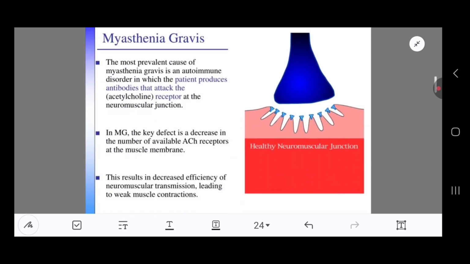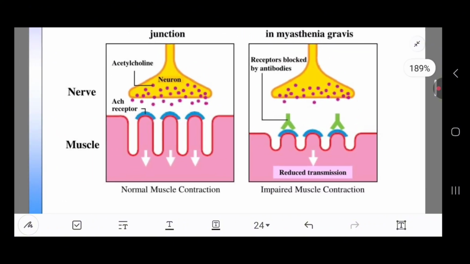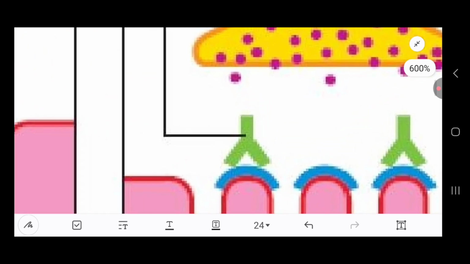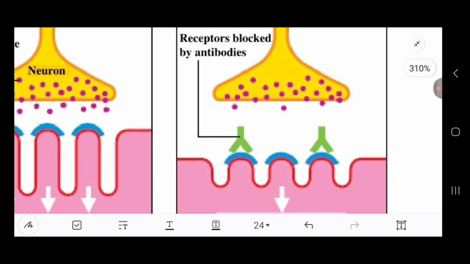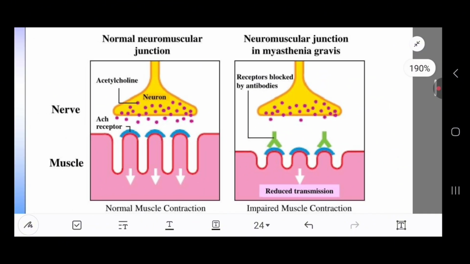But in myasthenia gravis, this greenish one is the antibody. The antibody will go and block the receptors of acetylcholine.